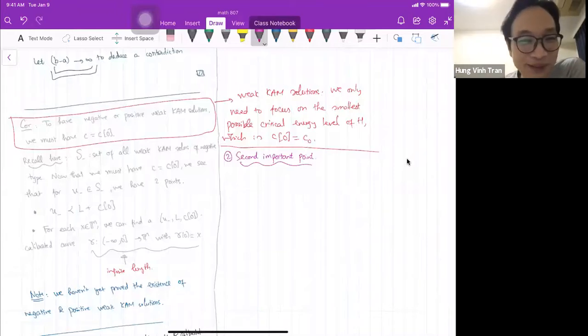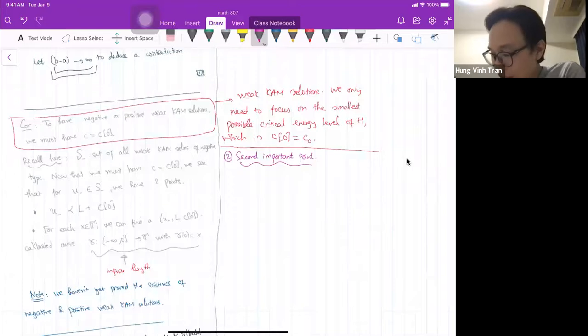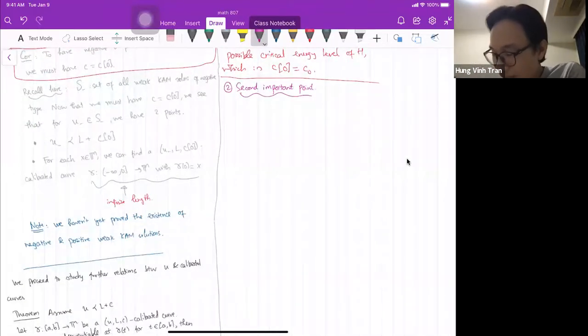Okay, so now the second point. How should I say the second point? The second point is actually very important. It's not very clear from what we are talking about, but once you see it, you're going to see that it's really remarkable from the viewpoint of analysis, not to mention PDE.